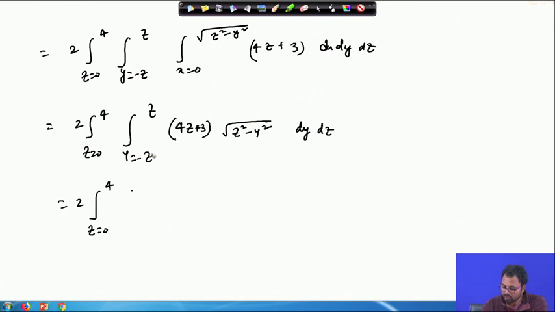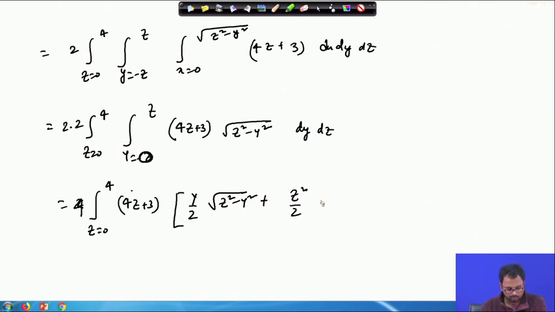I can write this as 0 to z and then put a 2 here again. So, this is 4, and then integrating with respect to z, this will be 4z plus 3 and then y by 2 square root of z square minus y square plus z square by 2 sine inverse y by z, with y running from 0 to z, dz.